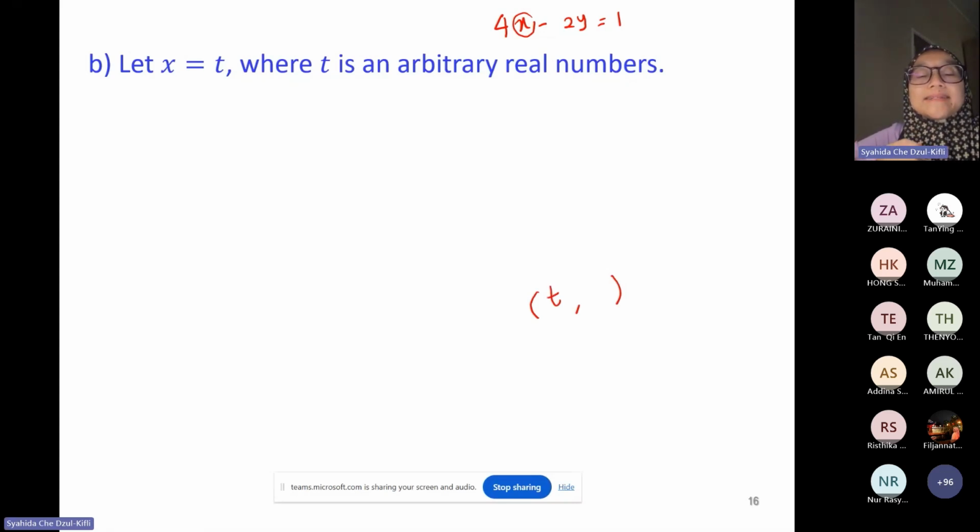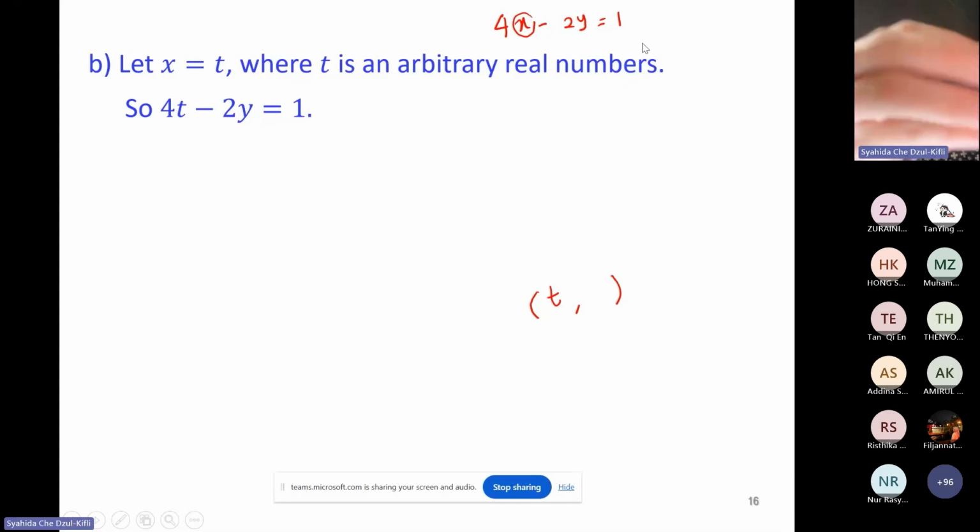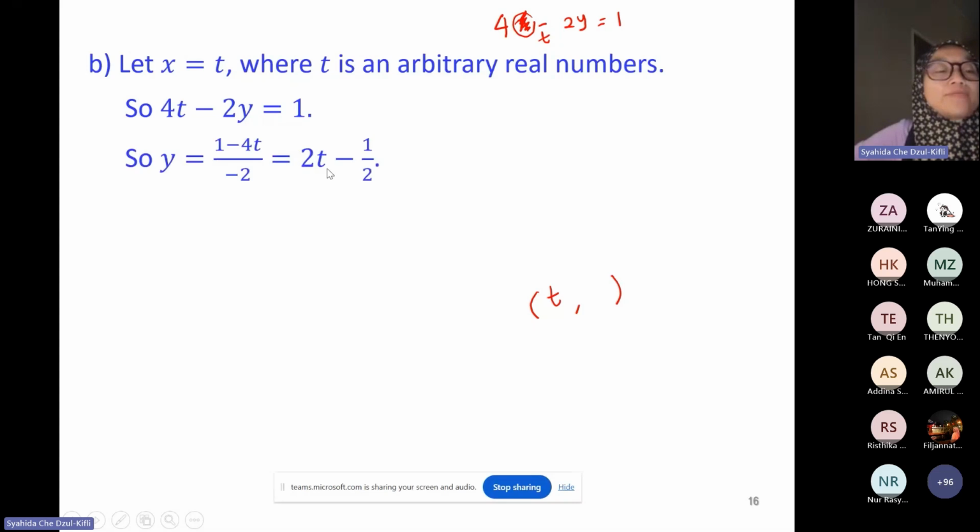How to get the second component? We substitute x equal to t in this equation. So we have 4t minus 2y equal to 1. Therefore, y is equal to this value. So the second component is (4t minus 1) over 2.